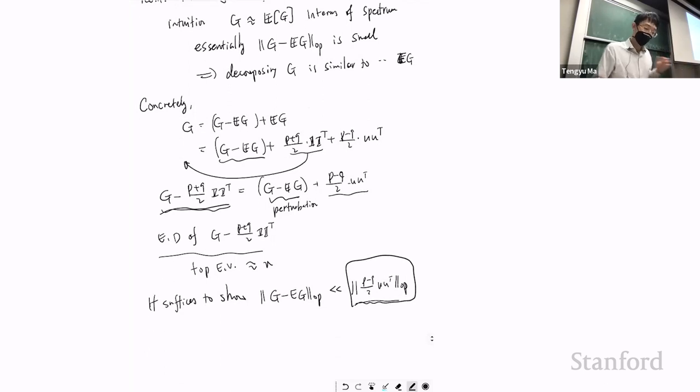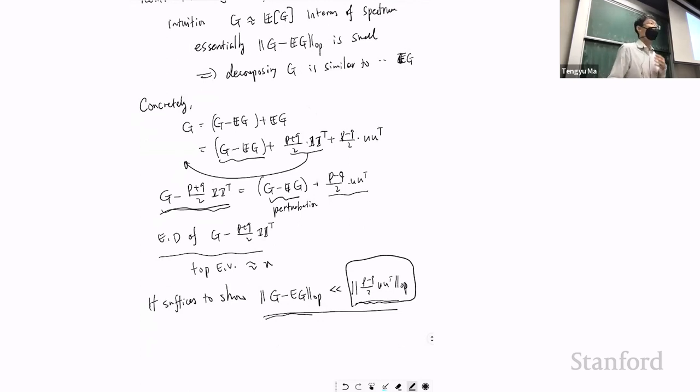And how do you show this is true? I'm going to discuss that in the beginning of the next lecture. You essentially just have to prove some concentration inequality using some of the tools we had in lecture 3 or 4 of this course.